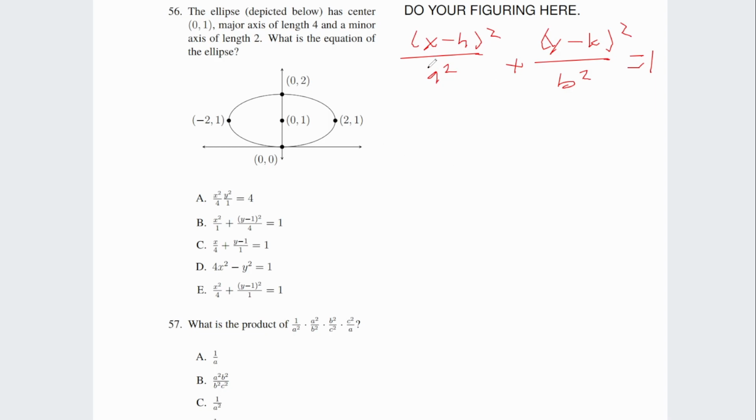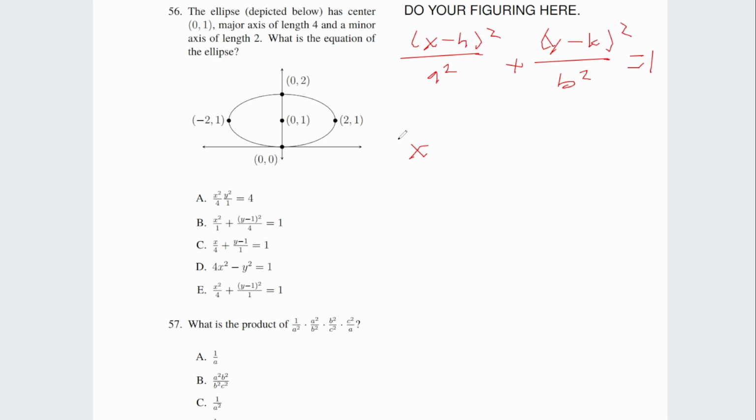So okay, what is h? h in this case is the displacement along the x-axis, which in this case is nothing. The x-coordinate of the center is 0.